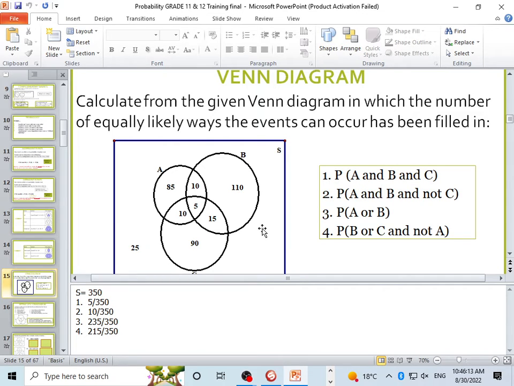Okay, A or B. Okay, let me ask you. This 85, is A in there? Yes. Okay, so we'll use a calculator. We've got 85. The next one, that 10, is A or B in that 10?